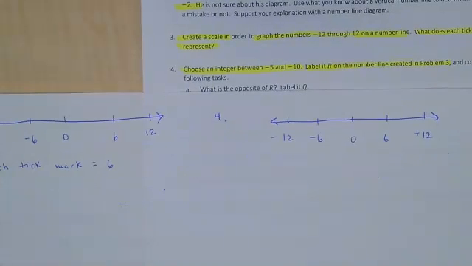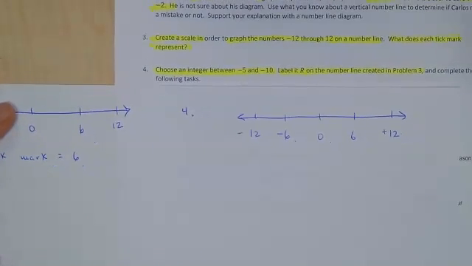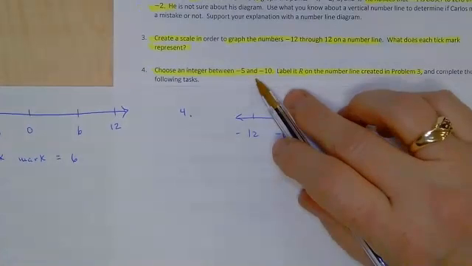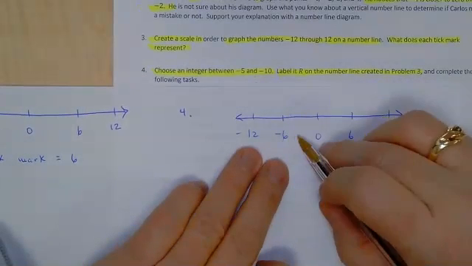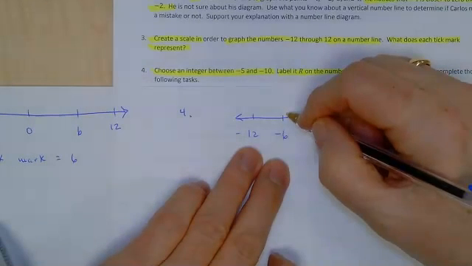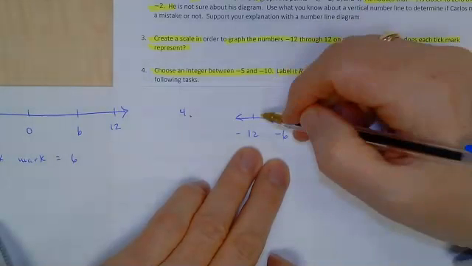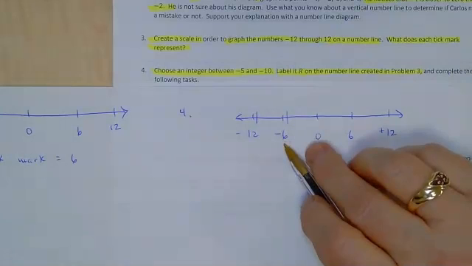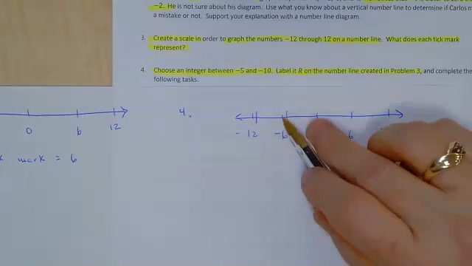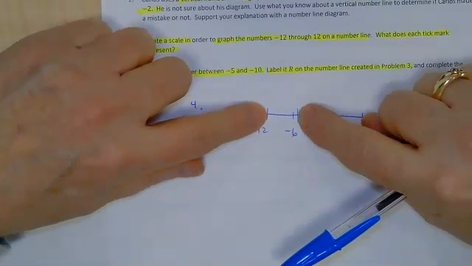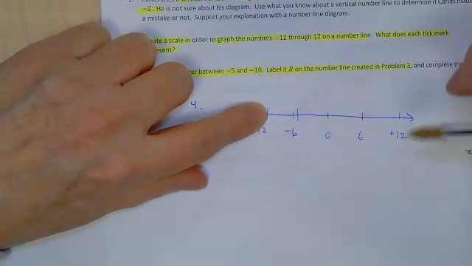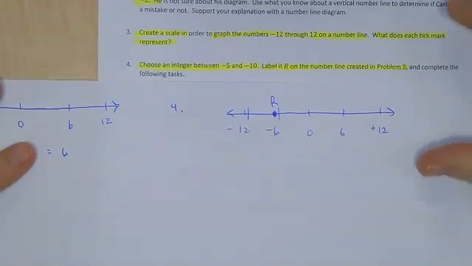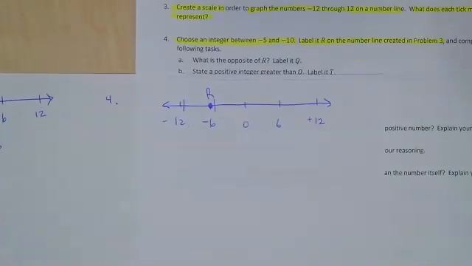Okay, so there's my number line. I need to choose an integer between negative 5 and negative 10. Now, negative 5 would be there, and negative 10 would be there. So what number is in between there? It's going to be negative 6, right? That's the only one in between these two places. So I'm going to take negative 6, and it says to label that R on the number line, and then do the rest of it.